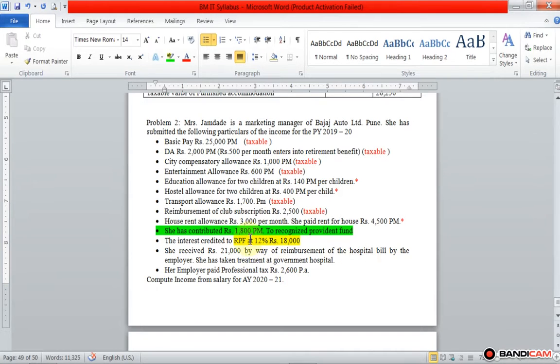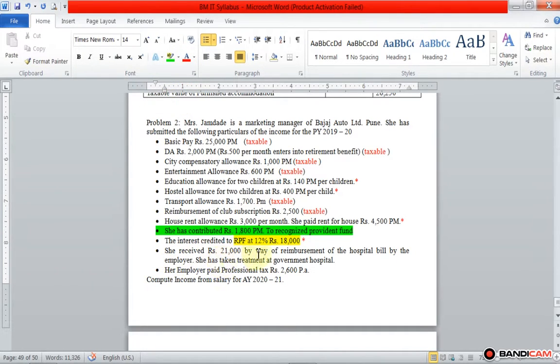So here remember that the interest credited to RPF is 12%. It means 9.5% is exempted and the remaining percentage is taxable. Make a star in front of interest.